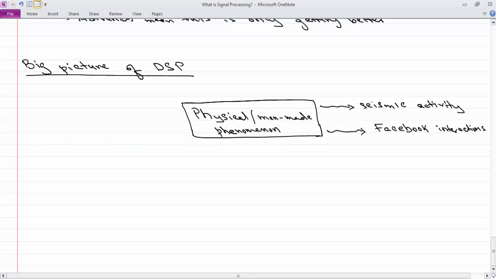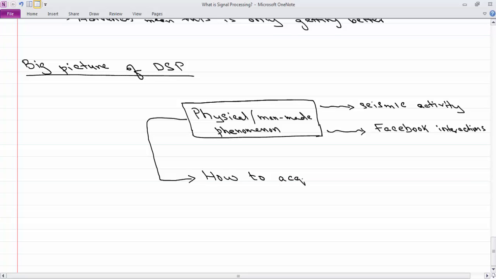Not in the sense of you are interested in who is doing what, but you want to make money for Facebook as a company, right? And once you look at this man-made or physical phenomenon, then the first question you ask is, how do I measure this phenomenon?